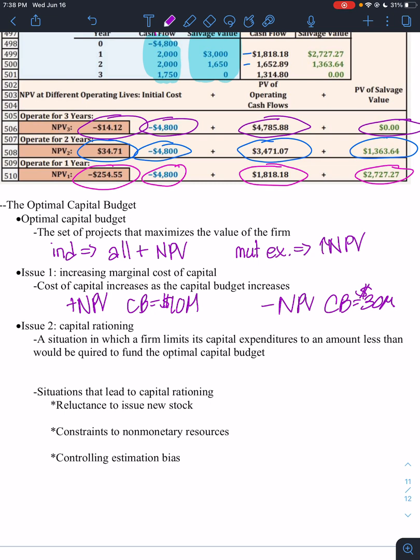And the optimal capital budget would say take all the ones on the table that have a positive NPV, right? Or capital rationing says leave them on the table. Don't you take those. You can only take so many on purpose.